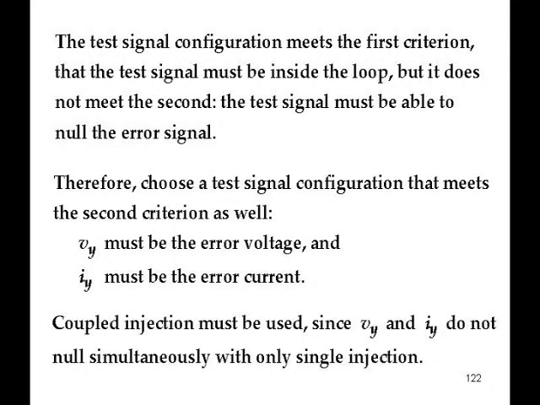That's because even though VY and IY may be zero, the collector current, or the drain current of the first stage, is the same as the current through C1. It's not zero. So that's why the error voltage isn't zero, and the error current isn't zero either.